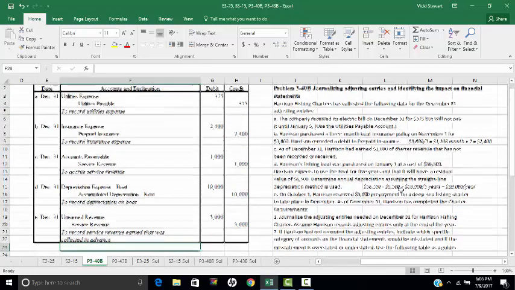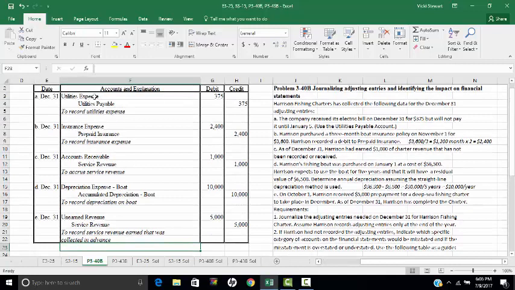So if we look at the first entry, we see that we had debited utilities expense and credited utilities payable. So what they're asking us is, if we had not made that entry, how would that have affected the balance sheet and the income statement. Well, we know that if we had not recorded the utilities expense, then our expenses are going to be understated. If we had not recorded the payable, our liabilities would have also been understated.